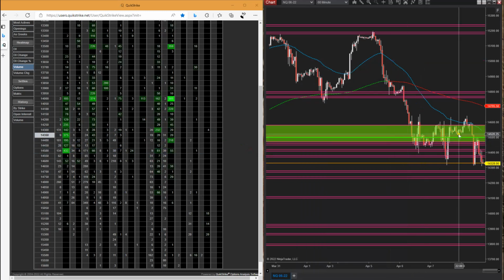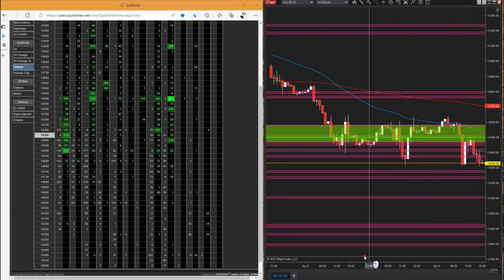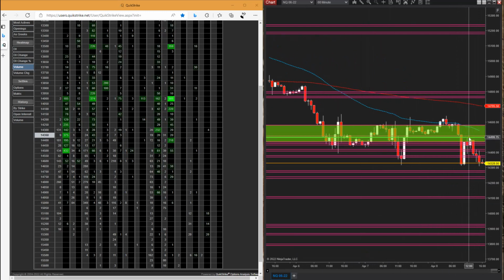So I can just know that my puts are sitting right there, and you can see that price came up, touched them, and pulled back down.